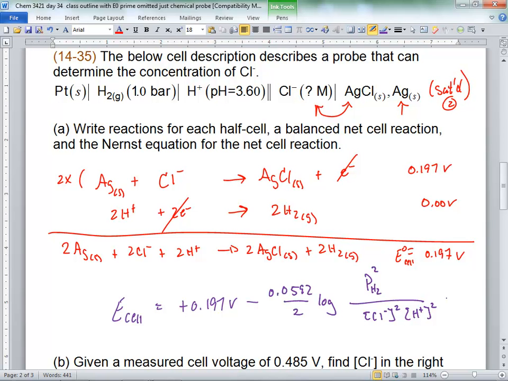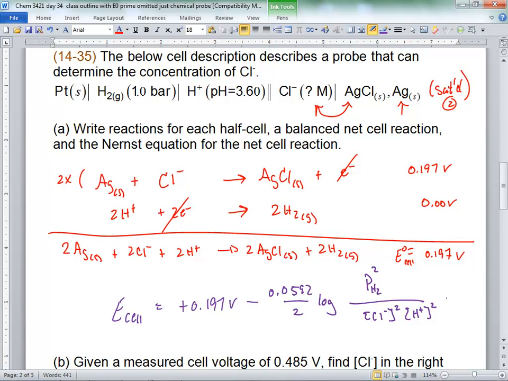So if you're going to get a number here, it's not at equilibrium. So this is always products over reactants, and it's either Q or K. You should write K when E cell is 0, because then you're at equilibrium.